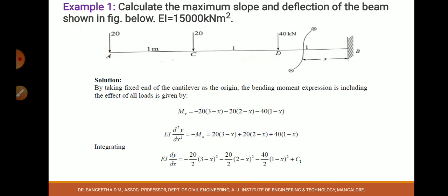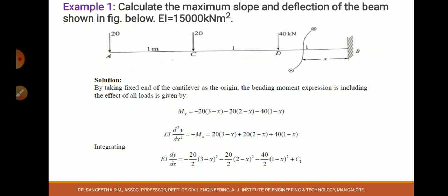First, initially we have to write a bending moment equation. To start with the problem, we have to write a bending moment equation. This is a 3 meter beam span. Generally you have to take a section near to the last support, after all the loads should be covered.